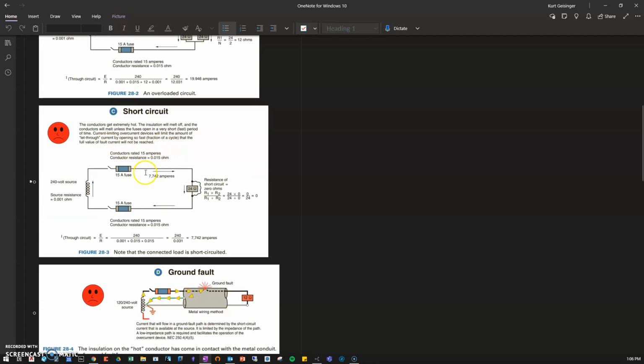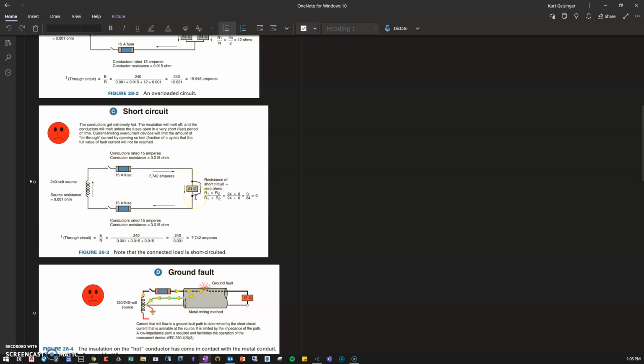Whereas now we get down to a short circuit. This is essentially where a hot and another hot inadvertently come together, or a hot and a neutral inadvertently come together. So our circuit essentially takes a shortcut, right? In other words, the name short circuit: a shortcut for the current, where it bypasses the load for some reason and goes straight from, in this case, an A phase and a B phase hot, but it could be a hot and a neutral, somehow around our load.